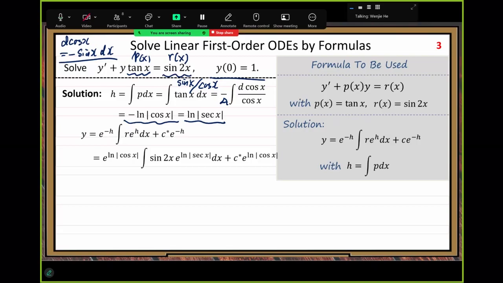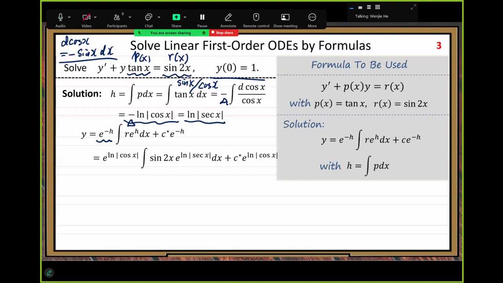But when we calculate e to the negative h, then we want to pick the negative version, because negative cancel out. So we get e to the positive natural log of absolute value of cosine x.